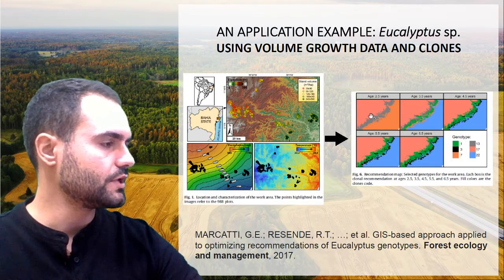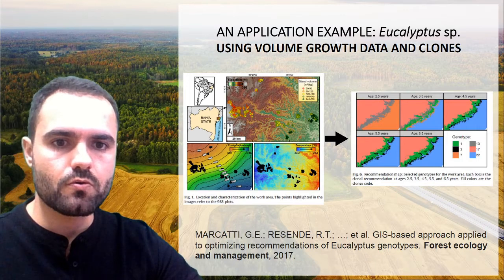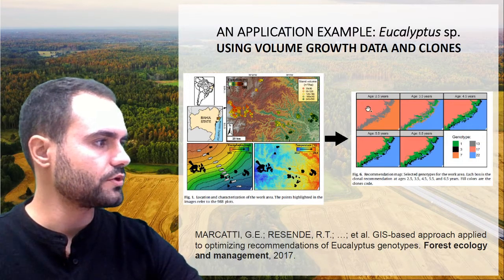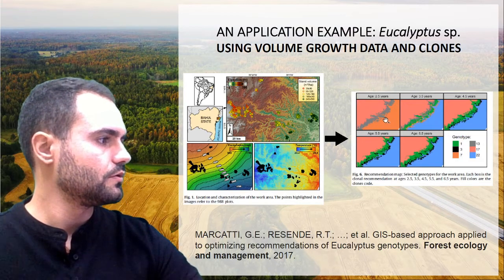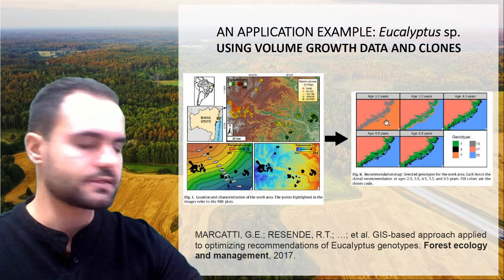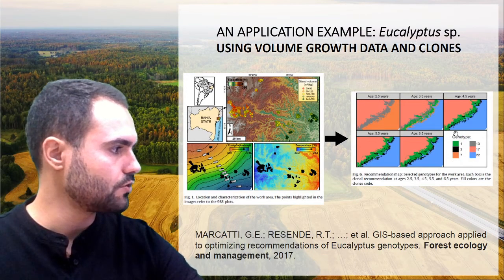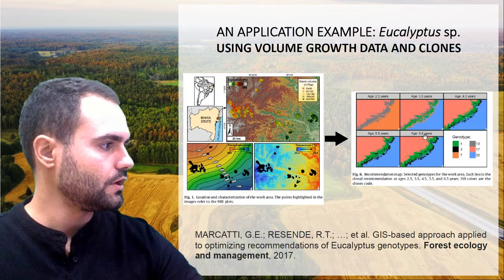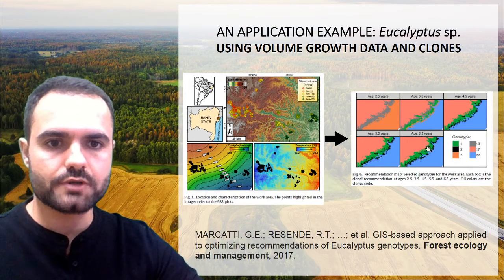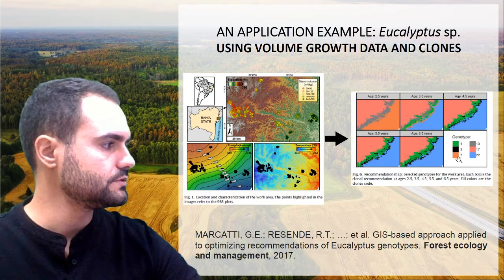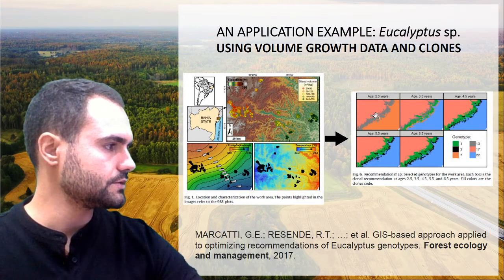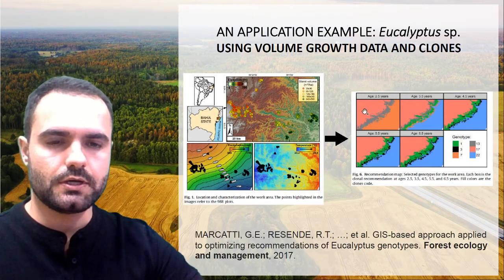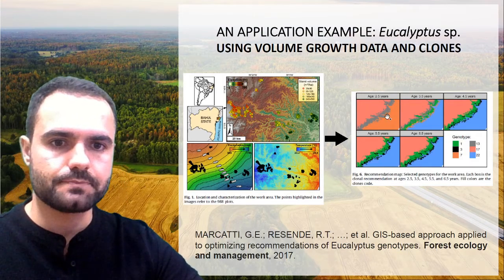For example, here we can explore charcoal or firewood. So for these products, we plant in exactly this configuration. See the colors as genotype clones. And for pulp or cellulose purposes, we can plant the genotypes in this configuration, wherein these are geoprocessing areas with latitude, longitude, and so on.